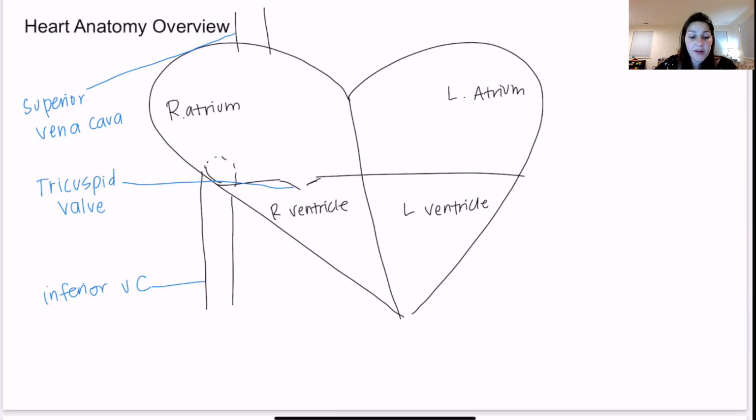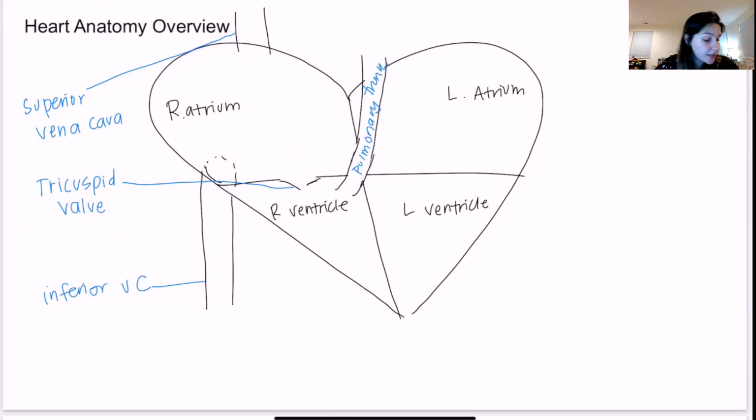Blood leaves the right ventricle through this vessel, which is technically an artery called the pulmonary trunk. So blood leaves the right ventricle through this blood vessel called the pulmonary trunk, and I'll erase in between. Okay, so all right, pulmonary trunk in here. Pulmonary trunk.